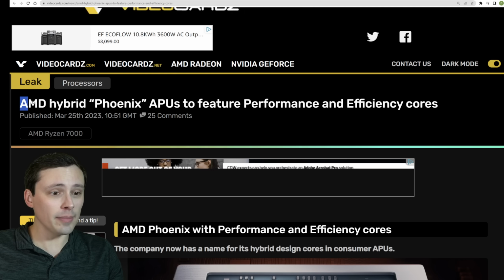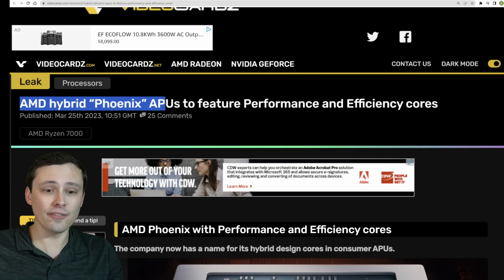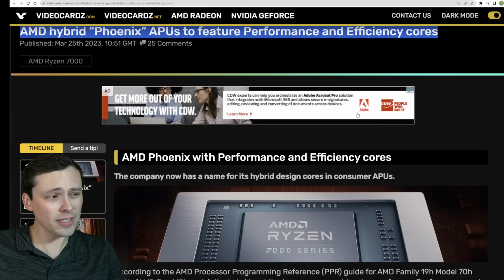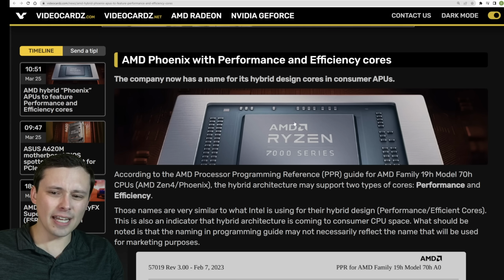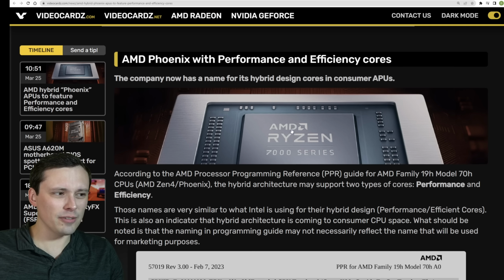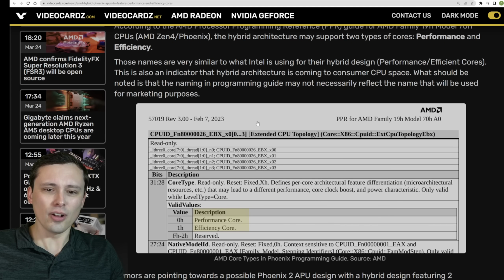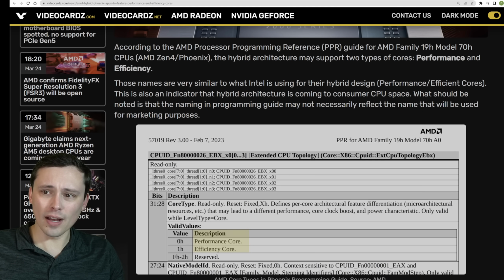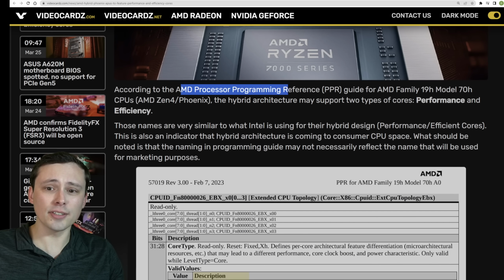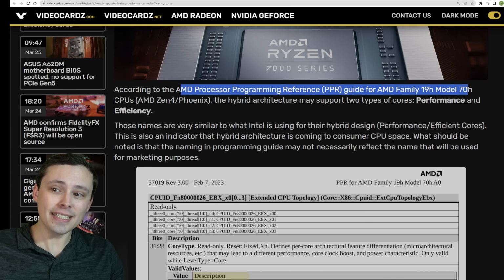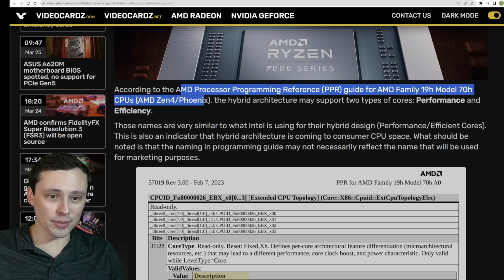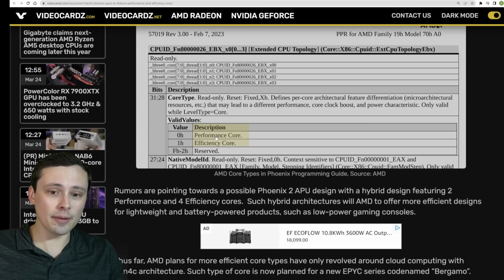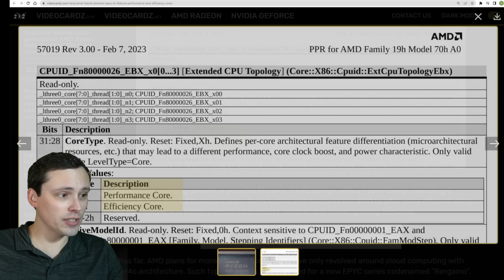Now, speaking of things that may come to pass, it looks like AMD's hybrid Phoenix APUs will feature performance and efficiency cores. These aren't the Phoenix APUs that I think we've been advertised, although it's looking like in AMD's processor programming reference guide, for the AMD Family 19H Model 70H CPUs, it does list a performance core and an efficiency core.